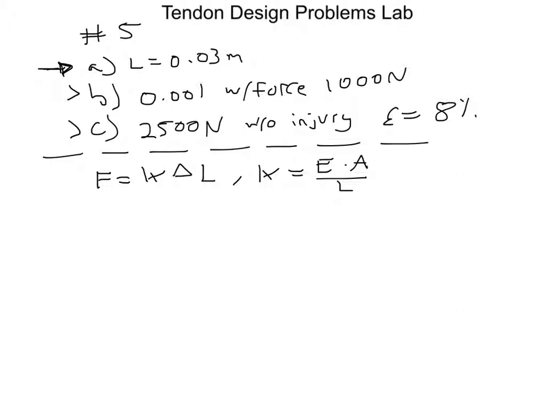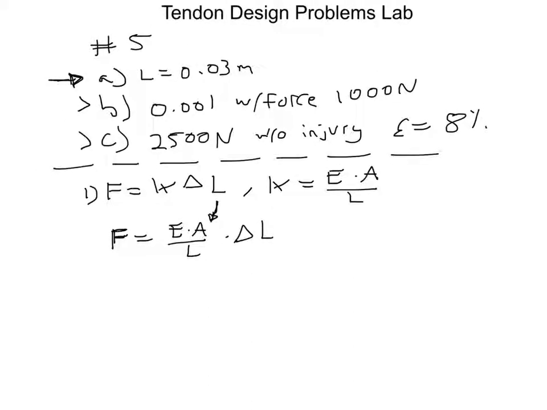So expanding our first equation here, we see that the force is equal to modulus of elasticity times area divided by length times the change in length. For this problem, we're solving for A, so that's the other parameter that will allow us to design this tendon. So let's go ahead and reorganize this equation.